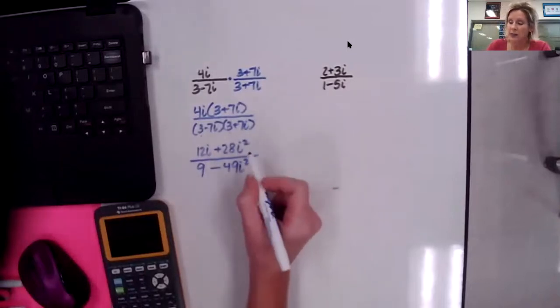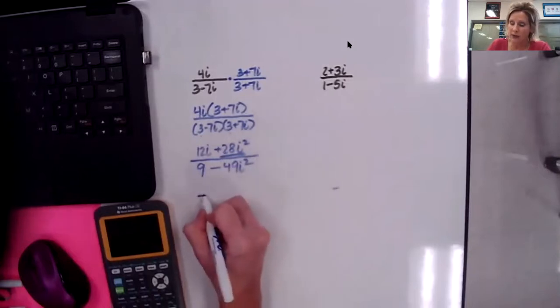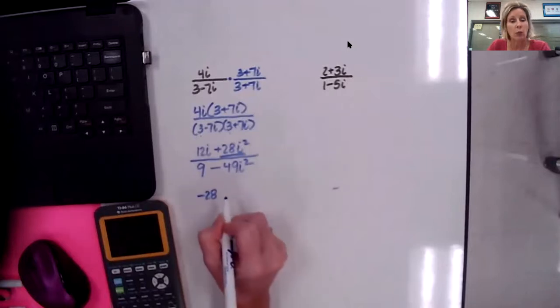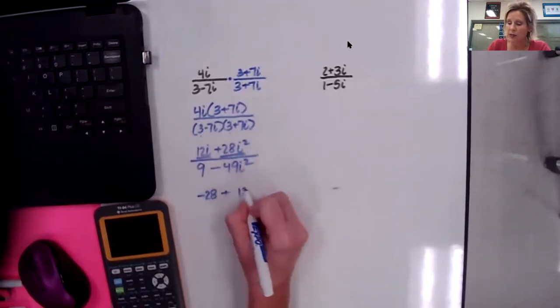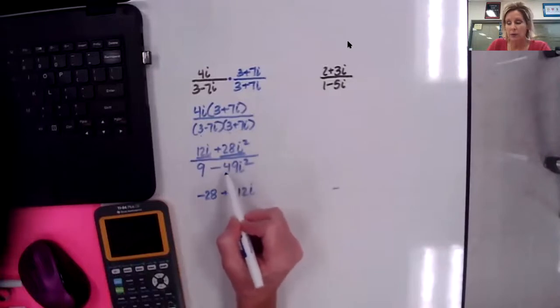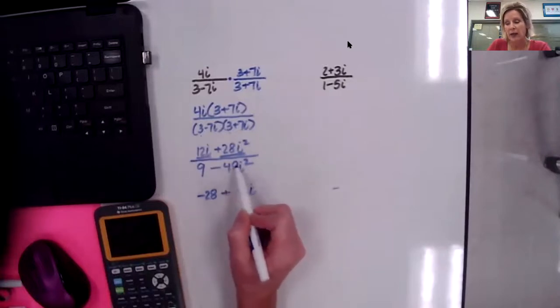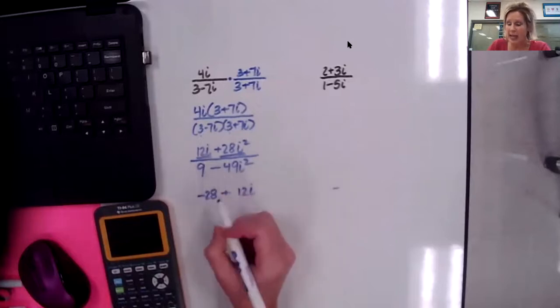All right, so this 28i squared, guys, is negative 28, and it has to go first because we make the real part lead. It always goes before the imaginary part, and then the 12i goes second. Now, the negative 49i squared is positive 49, and 49 plus 9, I think, is 58.